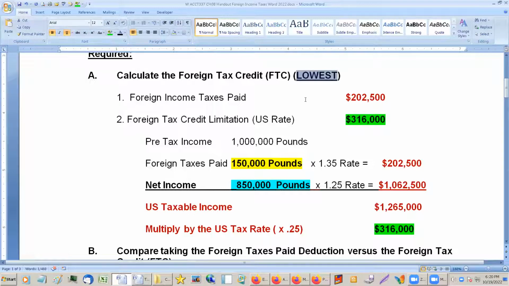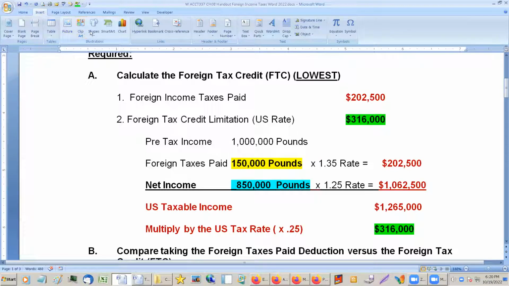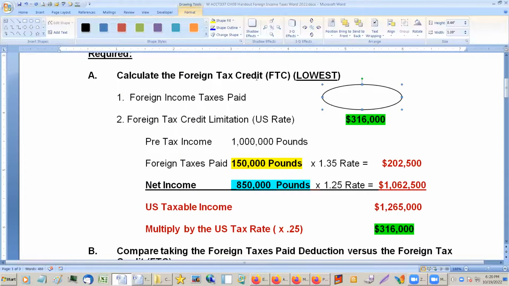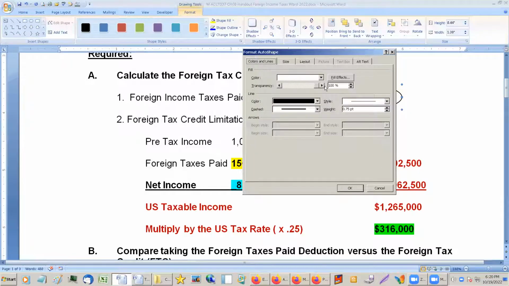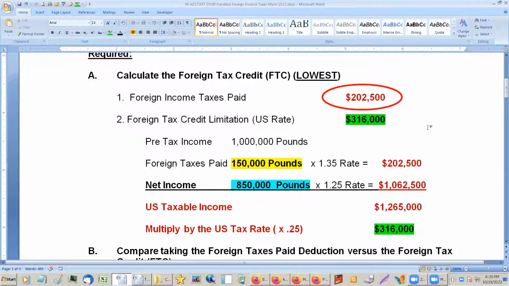Now, in this case, the foreign income taxes paid are the lowest, so that will be our lowest one.